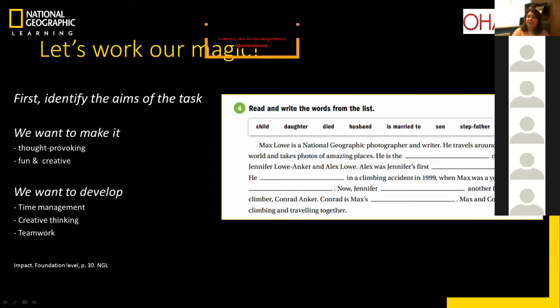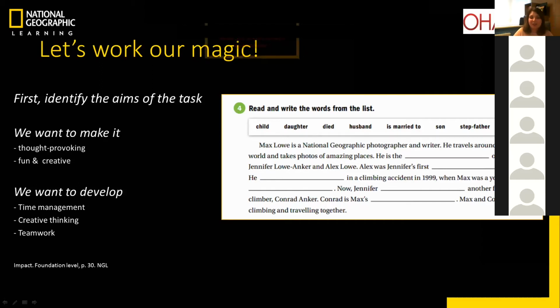So imagine that you are teaching the foundation level, and you have this task in the student's book. You look at it and you think, okay, I want to make it a little bit more thought-provoking, more fun, more creative.